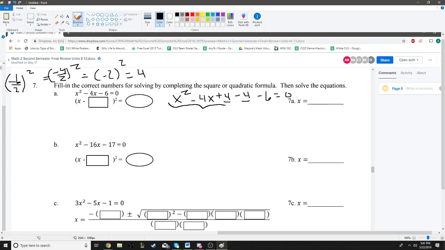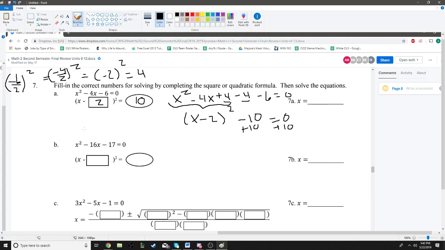This first part right here is going to factor, and if you take a look at the number in the parentheses right here, this negative 2, that is actually what it factors into. So it's x minus 2 squared, and negative 4 minus 6 is negative 10, equals 0. So if we add 10 to both sides, we get x minus 2 squared equals positive 10.